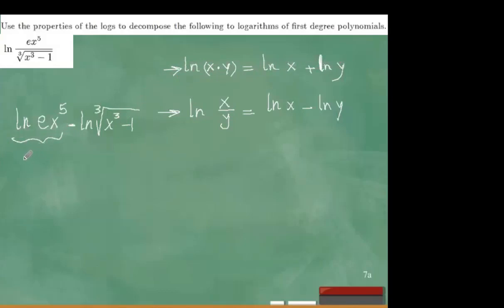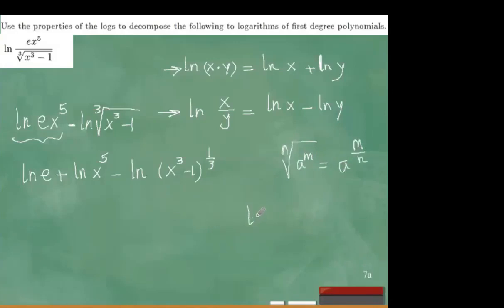So I'm going to write this as natural log of e plus natural log of x to the power of 5. Continue with writing as minus natural log of, I'm going to write this as x cubed minus 1 to the power of 1/3. Recall, if I have the nth root of a to the power of m, that's the same as a to the power of m over n.